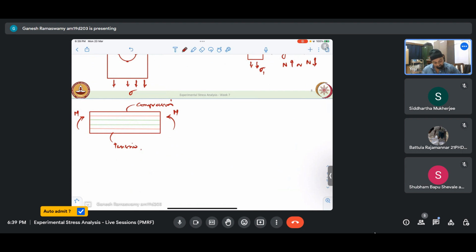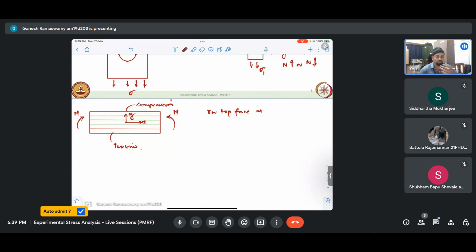On the top face, if I take this to be my axis, let us say this is X and this is Y. I know that the top and bottom faces are free surfaces, so only sigma X can exist essentially. That is because our normal vector goes in the Y direction.